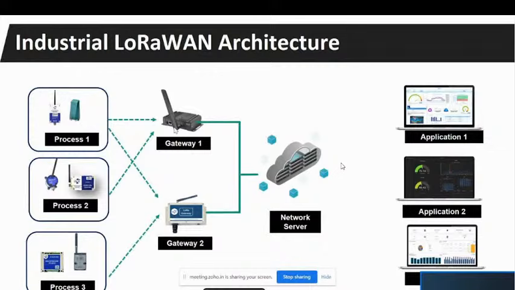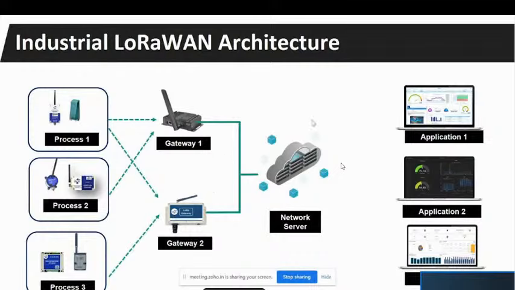These can connect to gateways. On premises we can have one or two gateways, indoor gateways and outdoor gateways, depending on our use cases. But mostly for our industry, which is 1 or 2 kilometers in radius, two or three gateways are more than enough.